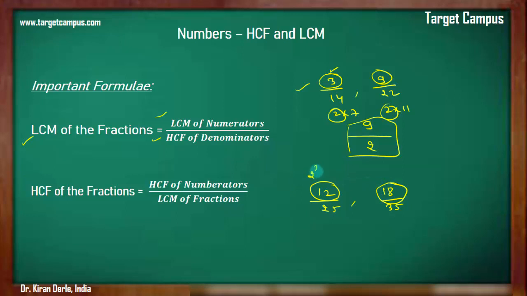This is nothing but 2 square into 3, and this is 2 into 3 square. Whenever we calculate HCF, we take the lowest power of common factors. Lowest is 2 into 3 raised to 1. So 2 into 3, 6 is the HCF of numerators. I hope you are getting this point.